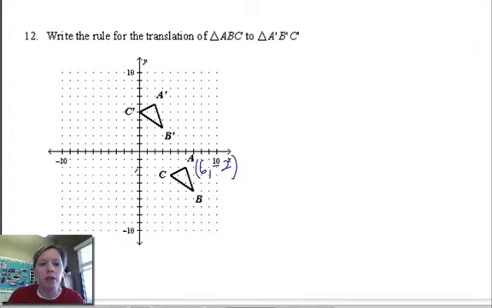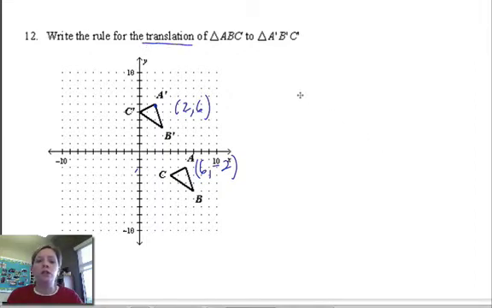Where is A prime? A prime is at 2, 6. But I can see that my two triangles have exactly the same orientation. A is on top, B is on bottom, C is on the left. So it hasn't been rotated. This is just a translation, and that's verified by the fact that it says translation in the problem.